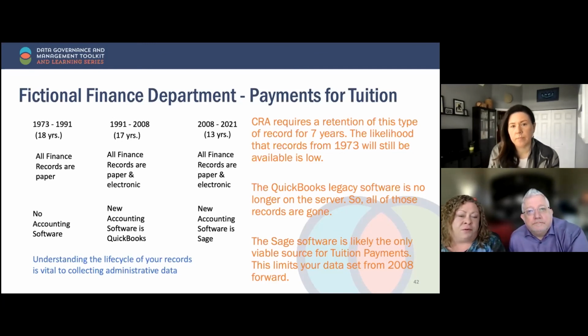So now we have 13 years of records in electronic format that we could run a report on that's in Sage, and we may be able to access 7 years of paper financial records.